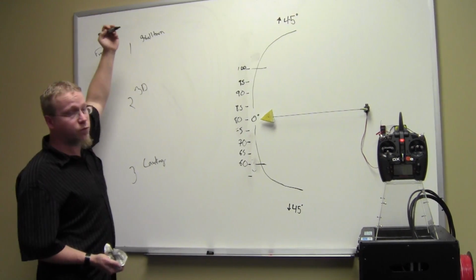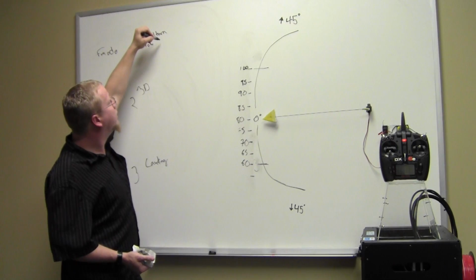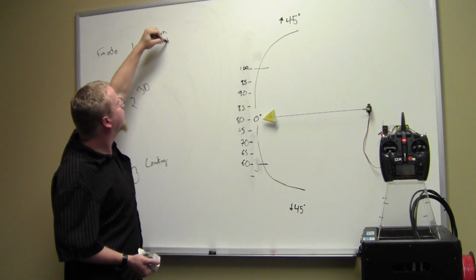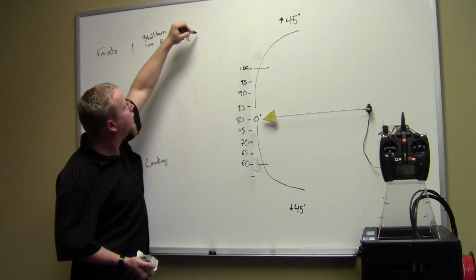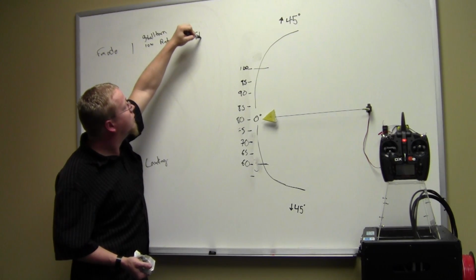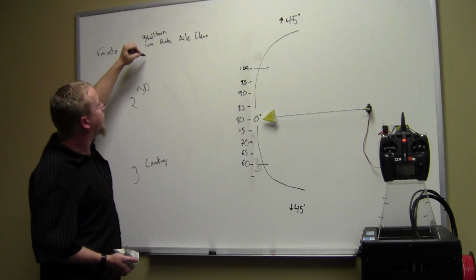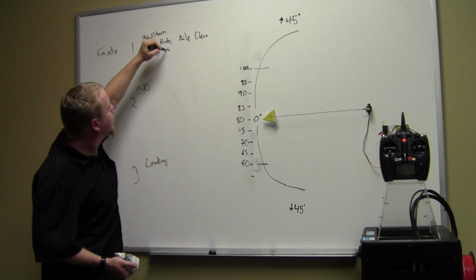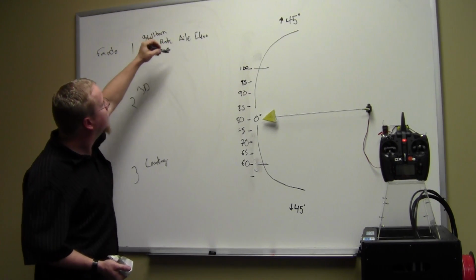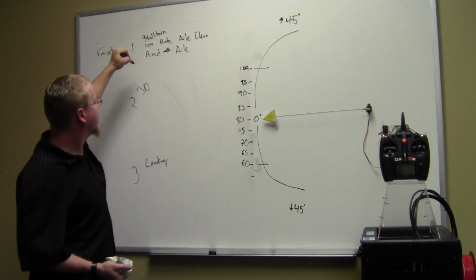So for stall turn, we might have low rate on aileron and elevator. A rudder to aileron mix that turns on. So this is on. That's number 1.